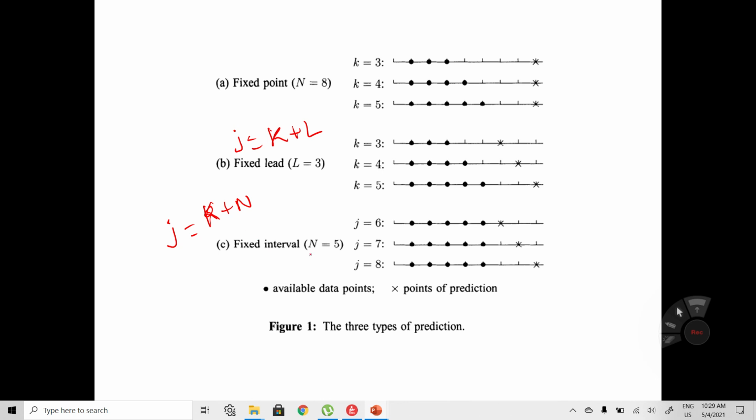So for example, the interval length is 5. Here, after the available measurements up to 5 scans, we are getting the prediction of the next scan, number 6.